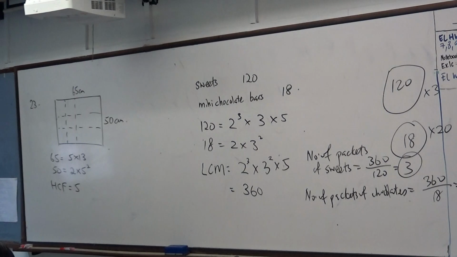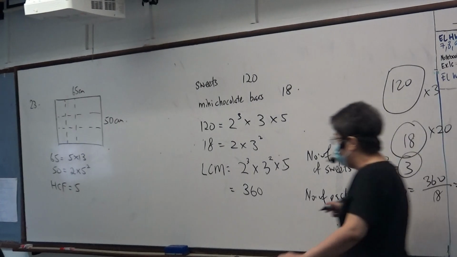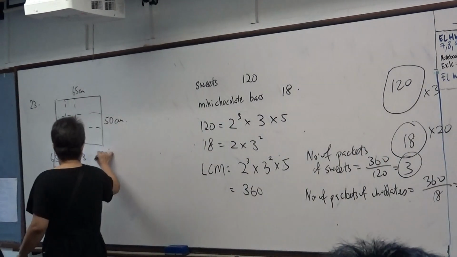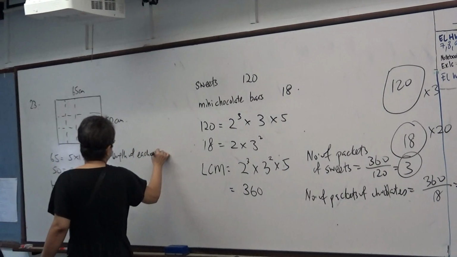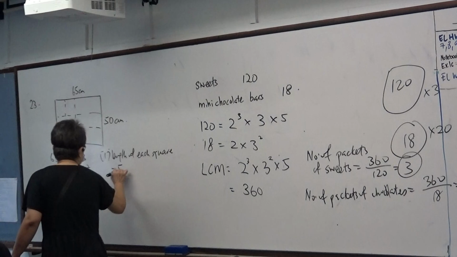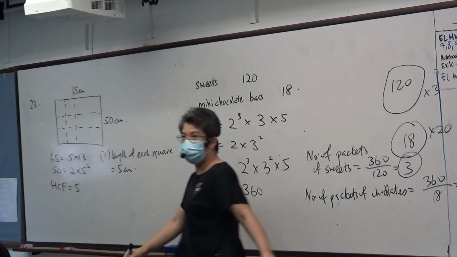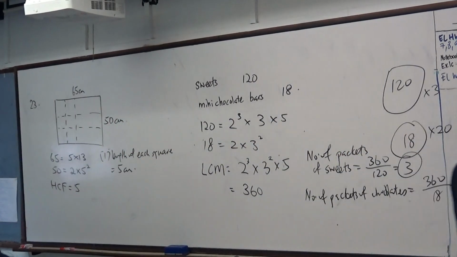Part 1. What is the length of each square? The length of each square must be 5 cm, right? Everybody okay? Then they ask, how many squares can he cut altogether?